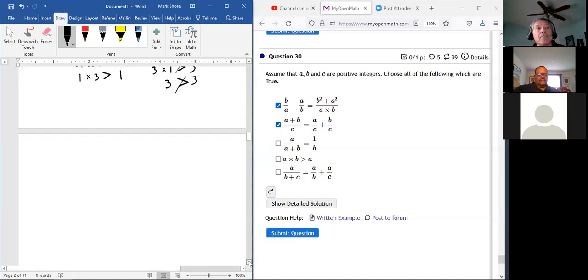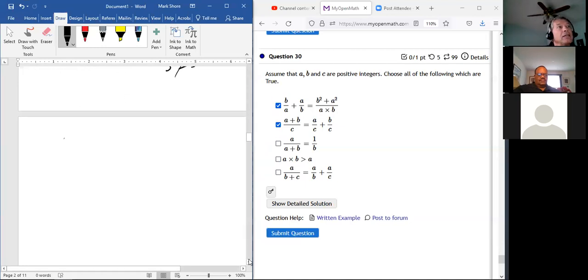And then the last one is A over B plus C. Does that equal A over B plus A over C? No, it doesn't. Because to add these fractions, you'd have to get a common denominator. And the common denominator would not be B plus C. Like, for example, if you have 1/2 plus 1/3, your common denominator is not 5.